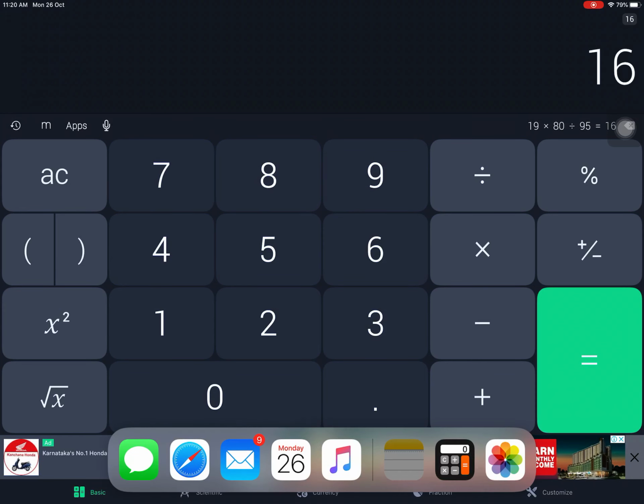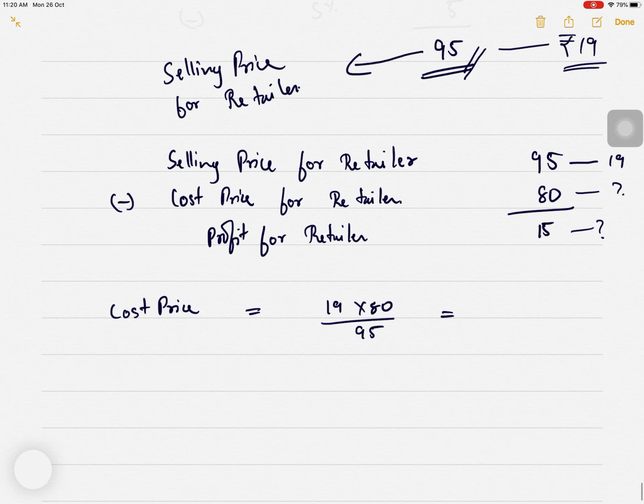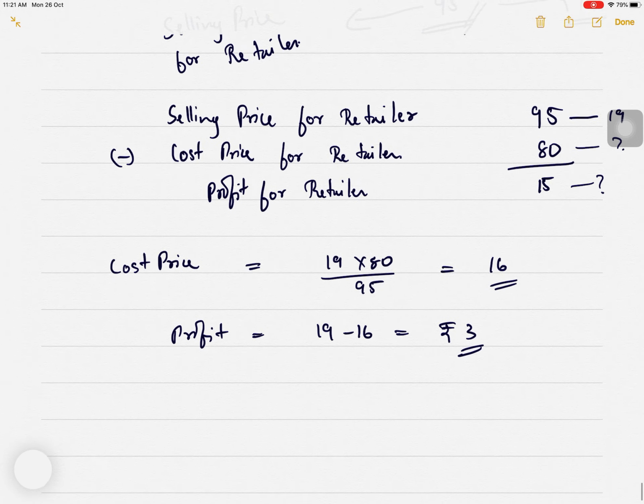It comes to 16. That means the cost price is 16. If the cost price is 16, the profit is equal to 19 minus 16, which is rupees 3. Correct?